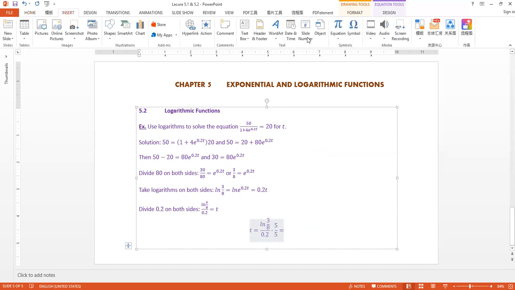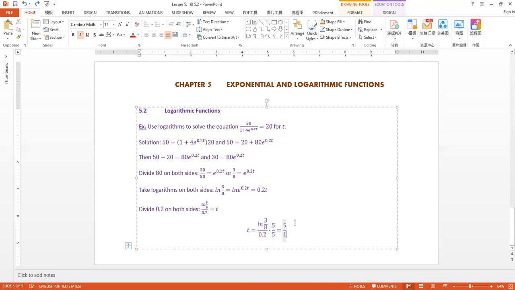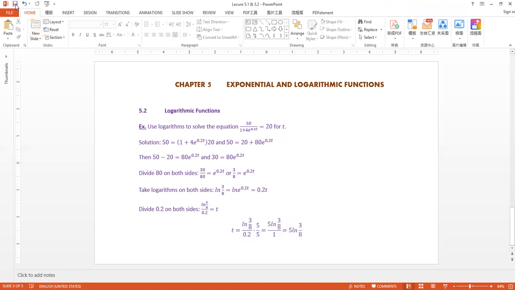Okay, so if I write all the detailed steps, it's just 1 at the bottom and 5 times ln 3/8. We can put 5 in the front on the top, right? So at the end, the answer is just 5 times ln 3/8. So that's the answer. All right.